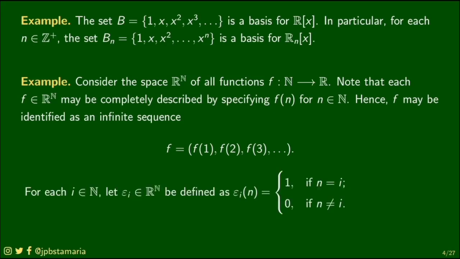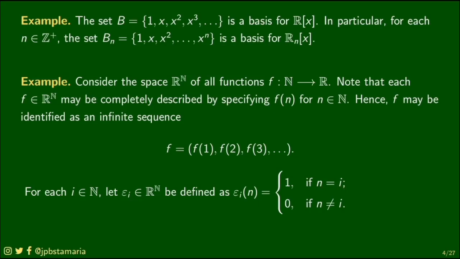For example, for each i in N, let us define the function epsilon sub i to be the one that assigns a value 1 to n if n is equal to i. Otherwise, it will just assign a value of 0.